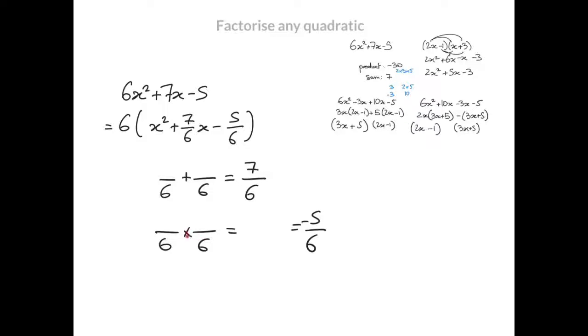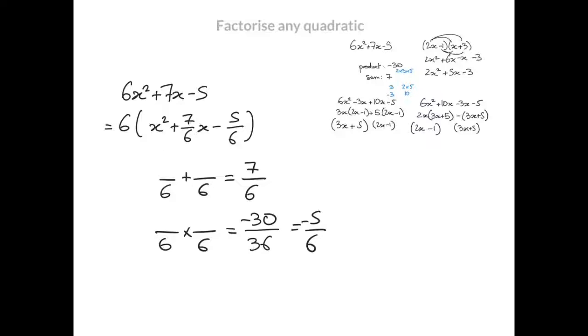The thing is, when you multiply two fractions over 6 here, you do not get a fraction over 6. You get a fraction over 36. So we need to convert this 5/6 here into a fraction over 36. We multiply by 6 here and there, and we get minus 30/36.